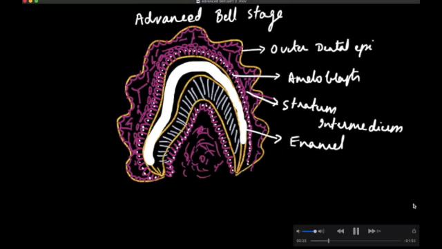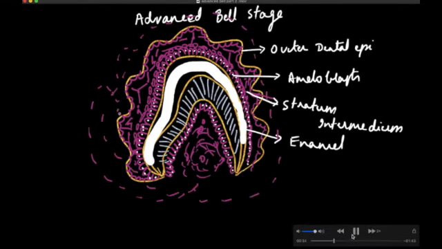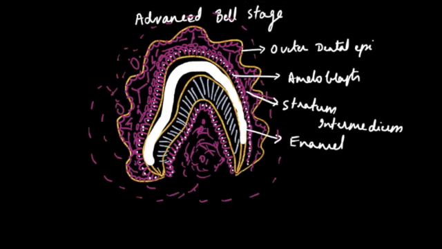The second important event that is happening in the advanced bell stage is the reversal of the nutritional stream. How is that happening? Initially the ameloblasts were receiving nutrition from the dental papillary cells. Now because of the formation of the hard tissues, the distance between the dental papillary blood vessels and ameloblasts has increased. So ameloblasts have to depend on nutrition from elsewhere, and the closest connective tissue is the dental follicle cells.